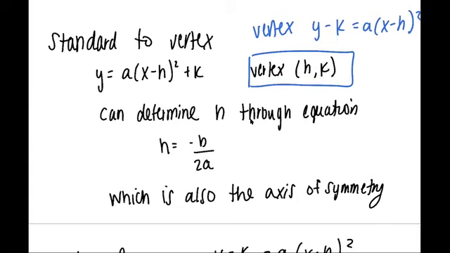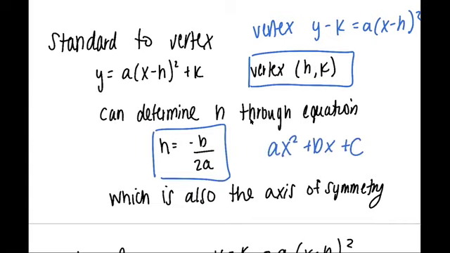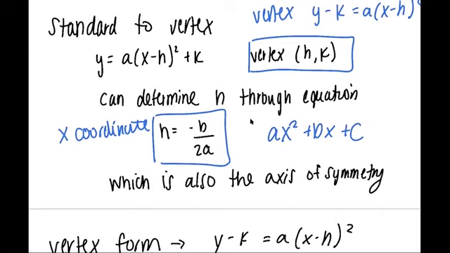We can determine h through the equation h equals negative b over 2a from our original ax squared plus bx plus c. Again, h is the x coordinate of our vertex, and that's also the axis of symmetry.